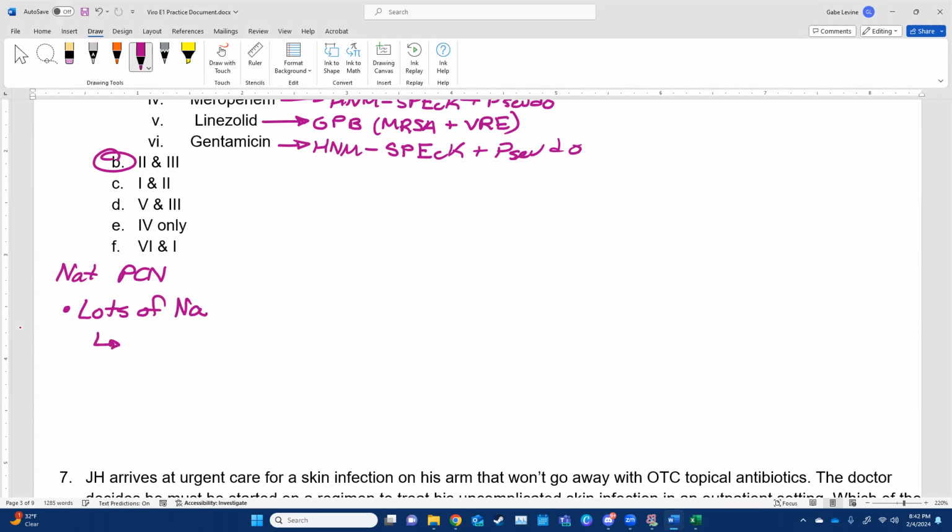One of the big things that she talked about in the packet was if you're giving 20 million units of penicillin G, something like that, you're giving about 23 milligrams of sodium. That's a huge amount of sodium, especially if you're giving it every 12 or 8 hours, right? So you have to be very careful with the sodium load that you're giving people. Another good thing to bring up is no aminoglycosides.